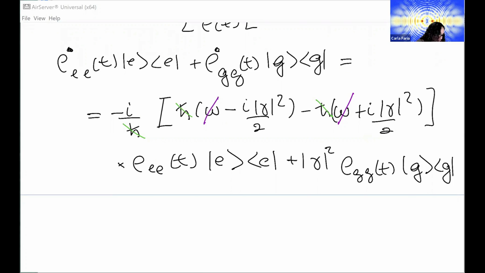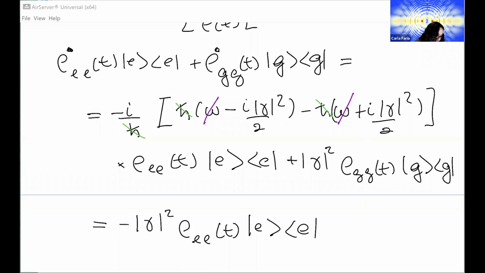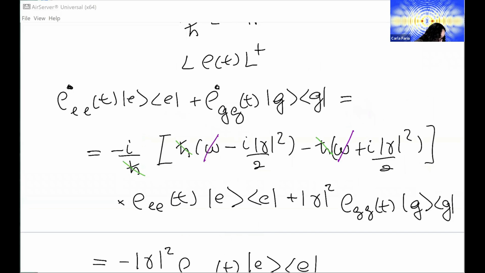So this is going to look as minus gamma square rho EET, sorry, EET E, and actually here I made a mistake.